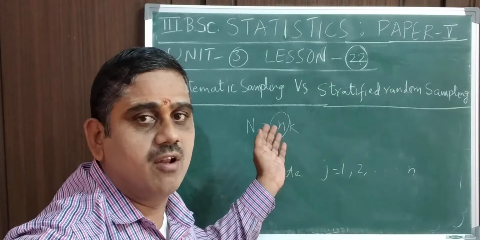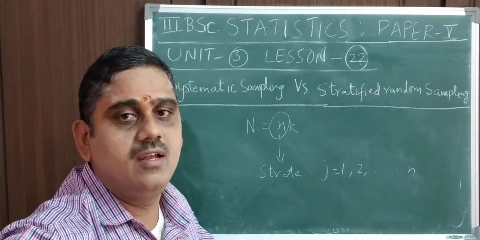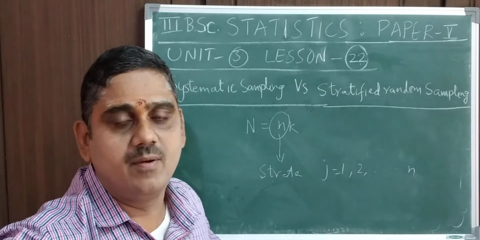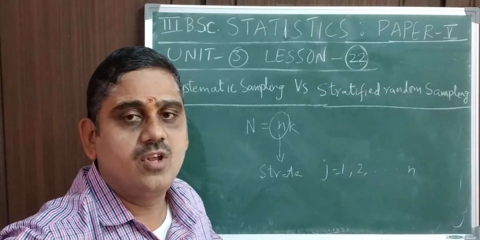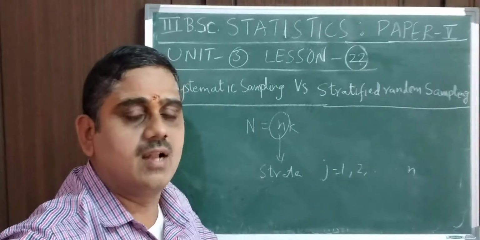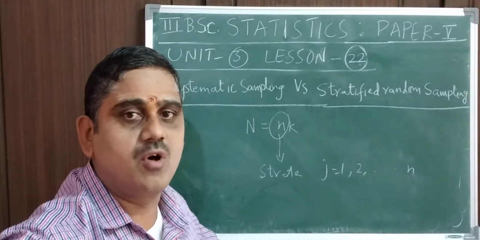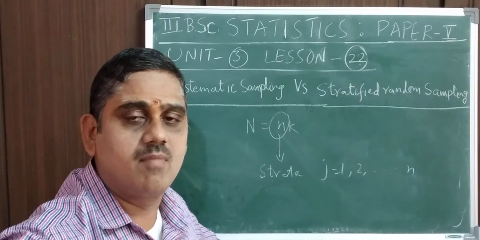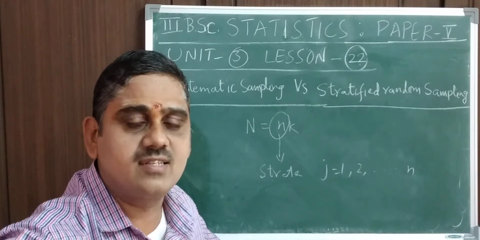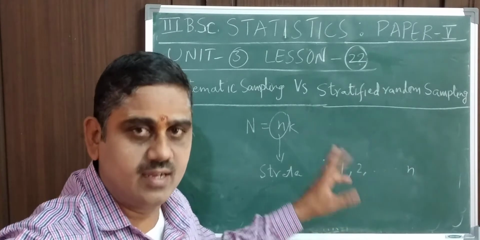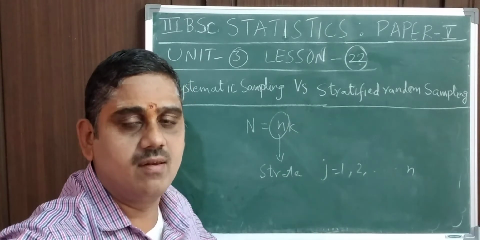Here, in comparison with the notations of systematic sampling, we consider small n as nothing but the number of strata, that is 1, 2 and so on n. What is the number n? It is going to be considered as the sample size n in systematic sampling.